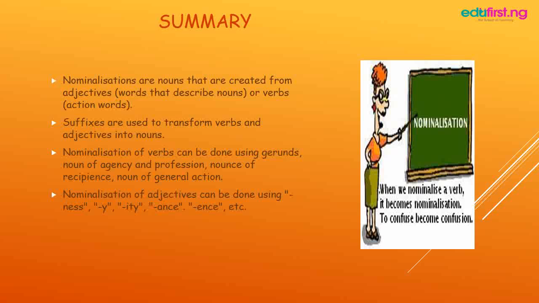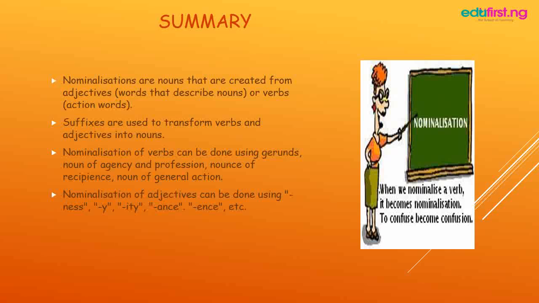Summary. Nominalizations are nouns that are created from adjectives, which are words that describe nouns, or verbs, which are action words. Also, suffixes are used to transform verbs and adjectives into nouns.